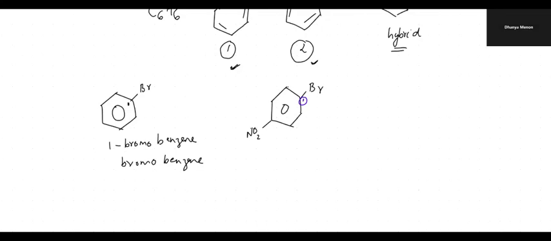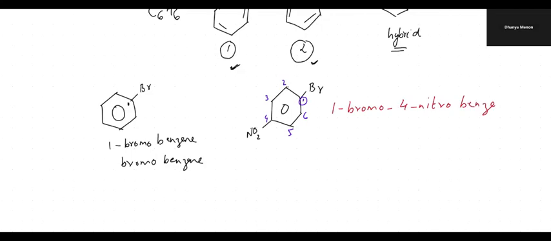So 1, 2, 3, 4, 5, 6. We will try to give the positions such that the nitro group also gets the lowest position. Suppose I number it the other way around, 1, 2, 3, 4. Here also nitro is getting the 4th position, so either way it is correct. So here we are looking at the alphabetical order. At the first position, I have bromo, at the fourth position, I have nitro: 1-bromo-4-nitrobenzene.